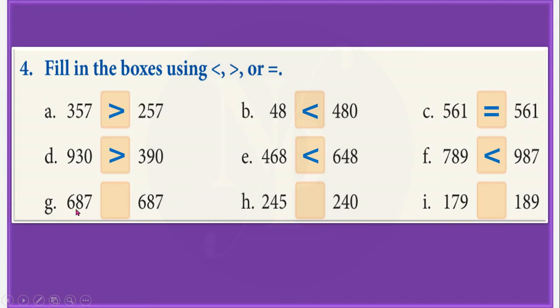G, 687 is equal to 687. H, 245 is greater than 240. I, 179 is less than 189. So you should write these symbols appropriately to complete question number 4.